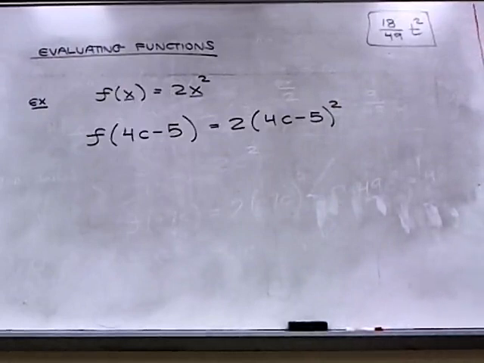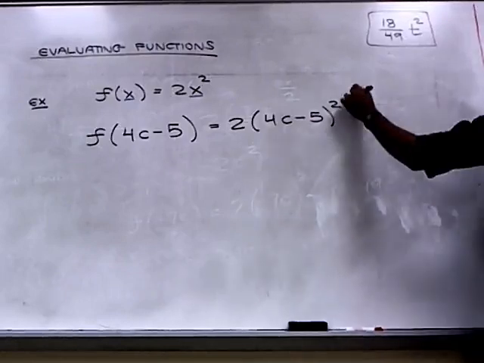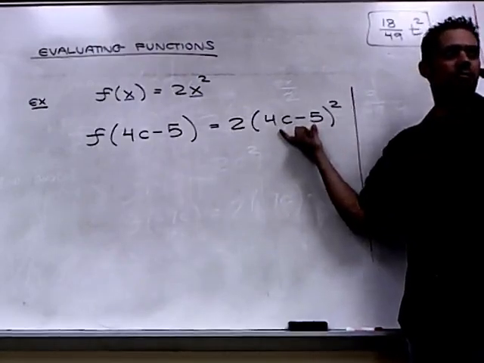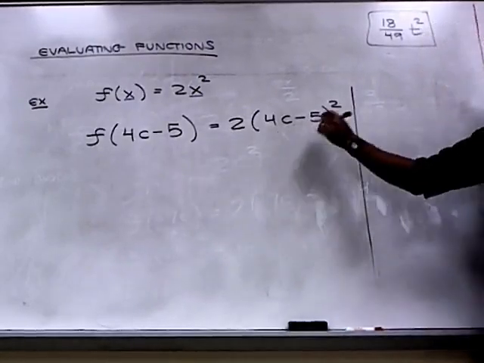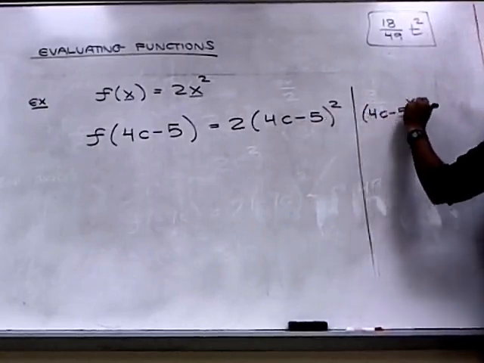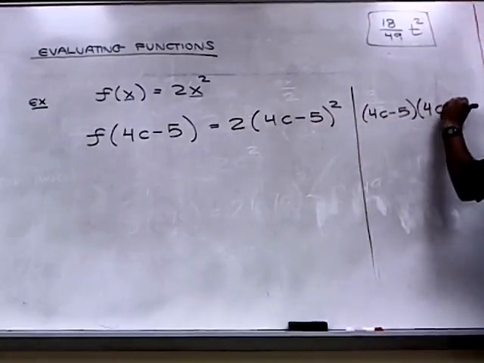When you square 4c minus 5, that's what, 16c squared minus 25? When you square a binomial, you have to FOIL it. That means you have to do, so this is separate work here, 4c minus 5 times 4c minus 5 again, right?